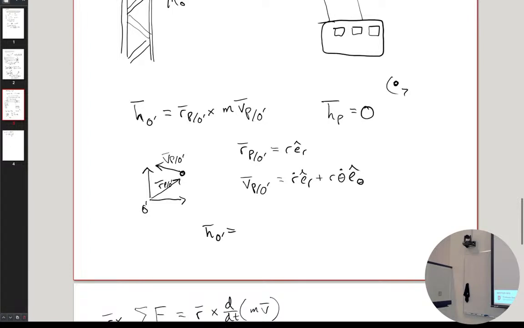Oh, like if we look at any momentum around the point P itself. Point P is the mass. Yeah. Oh, okay, in that case, yeah, that makes sense.